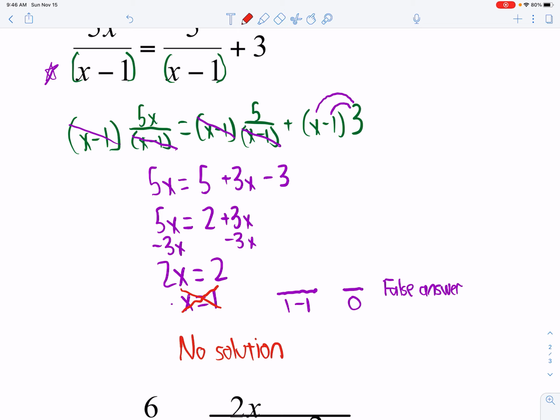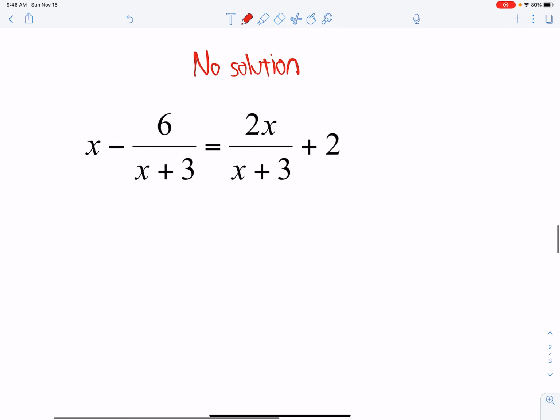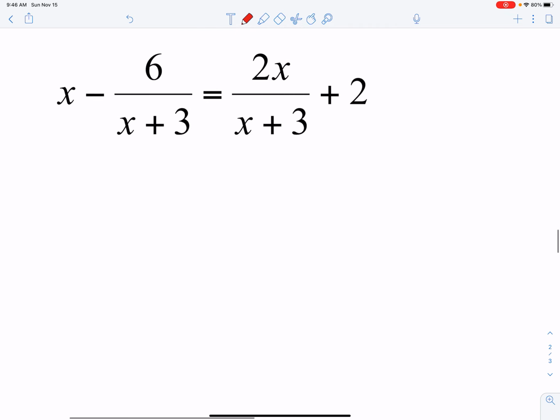Let's try our next one. Here we have x minus 6 over x plus 3 equals 2x over x plus 3 plus 2. So here, our denominator is x plus 3, and we can't factor it, and that's our only denominator. So like our last problem, we're going to multiply that by every term.